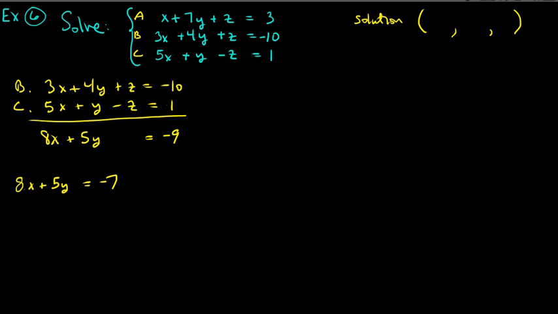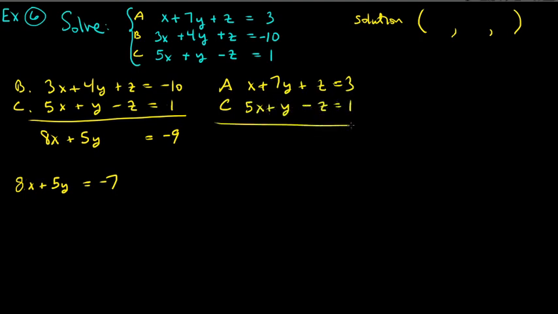All right, now we have to eliminate z again. We could do A and B, but then we'd have to multiply one of these by a negative. So why don't we just do A and C? Equation A is x plus 7y plus z equals 3. And then equation C is 5x plus y minus z equals 1.